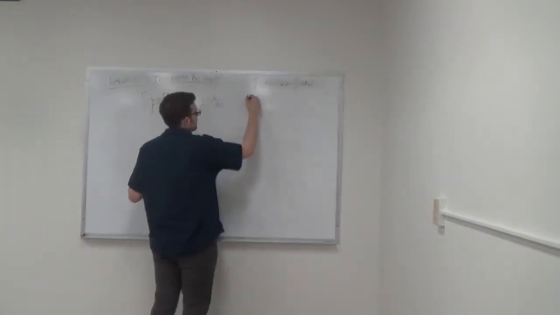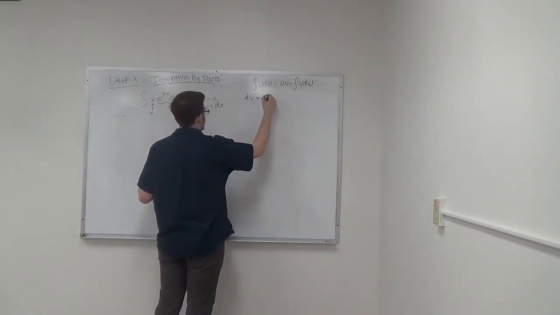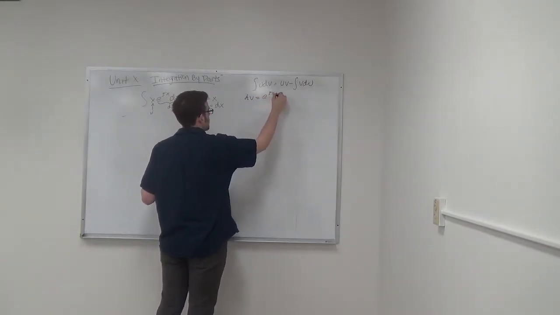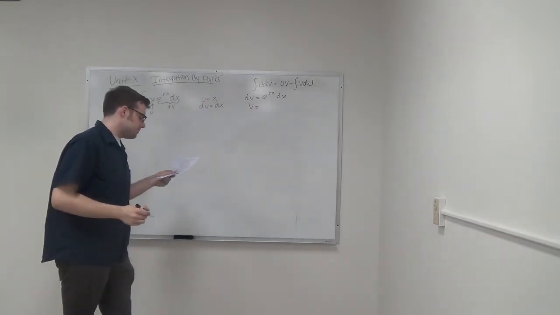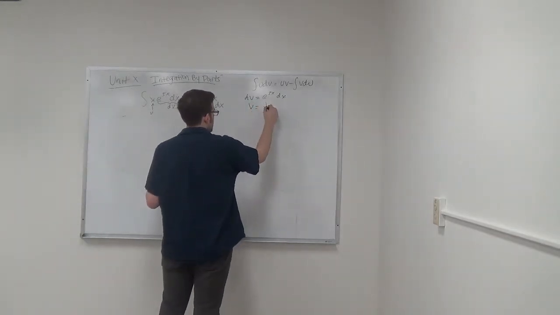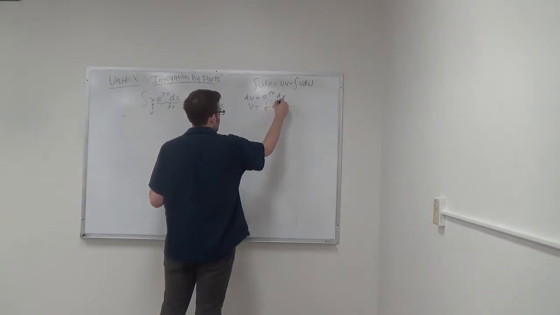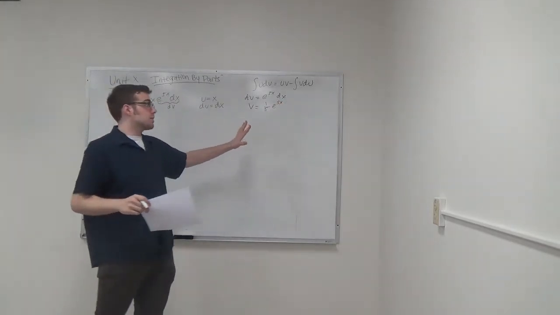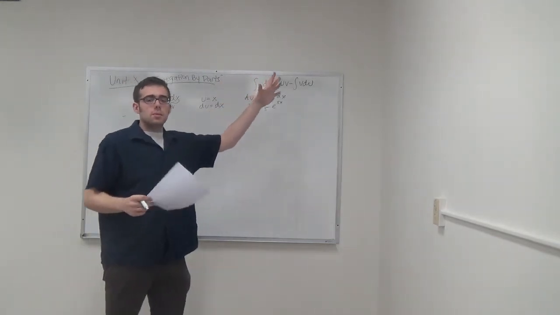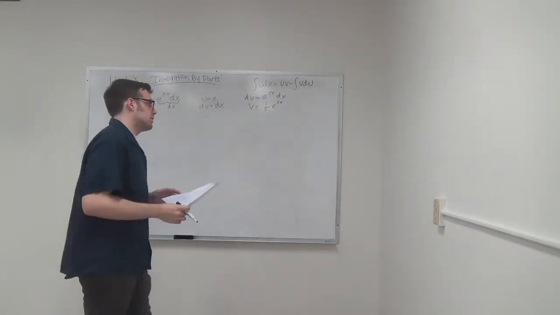So dv is equal to e to the 5x dx. So v is simply just the integral of this, which is 1 over 5 e to the 5x. And we can leave out the c because we're going to be combining the c's later on.